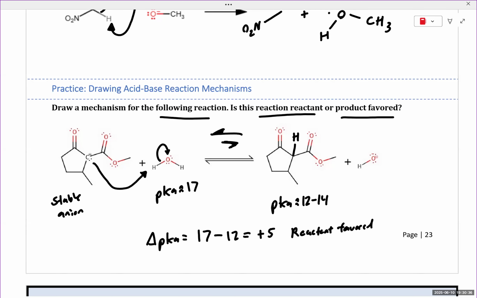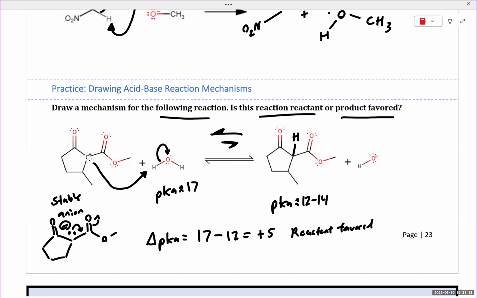It is stabilized via resonance and conjugation to multiple electronegative atoms. Because this anion is especially stable, even though it is centered on carbon, it is more stable than the alkoxide anion, which just places a lone pair on oxygen.